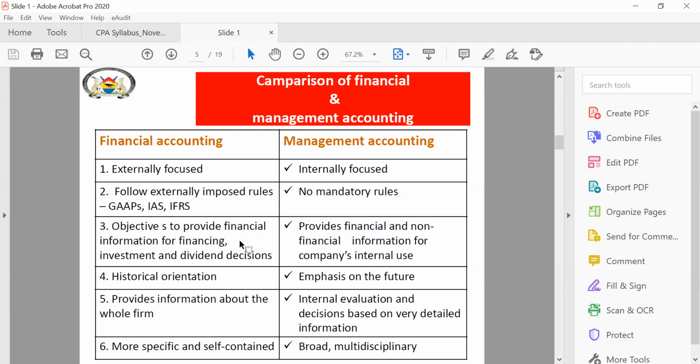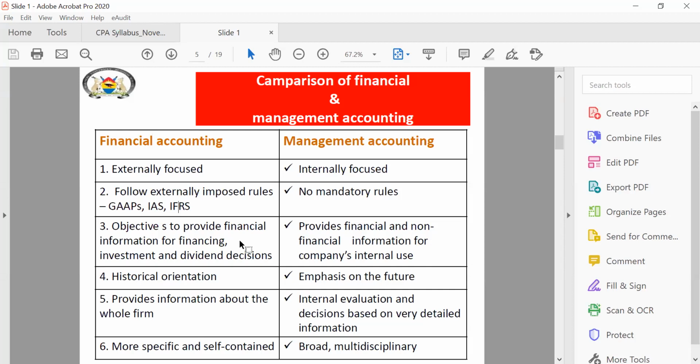We saw how companies like Nokia went off the market. At that time, they were making money. So if the managers, based on only financial information, they made mistakes. So management accounting is inclusive, looks at qualitative and quantitative, which is also the same thing as financial and non-financial.